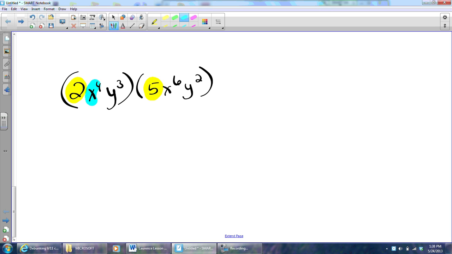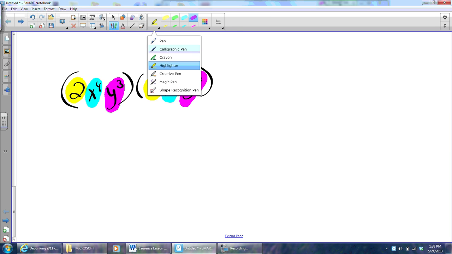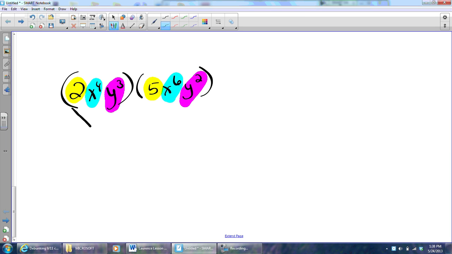My x is x to the 4th and an x to the 6th. Then I have my y's. So I'm going to multiply. 2 times 5 is going to get me 10. x to the 4th times x to the 6th is going to equal x to the 10th.